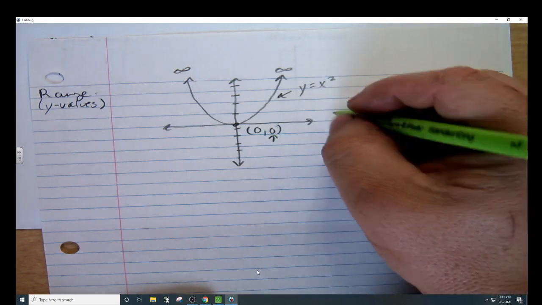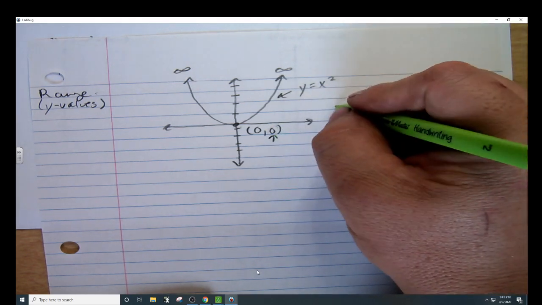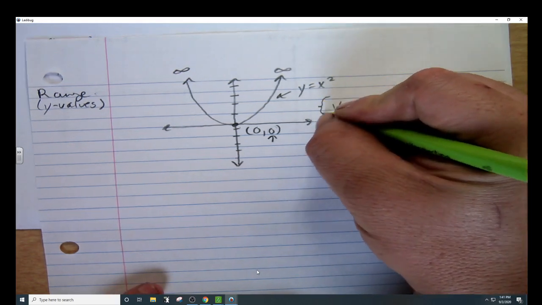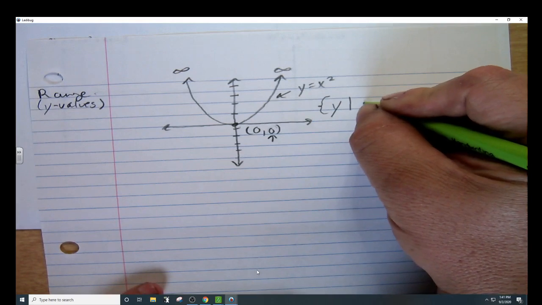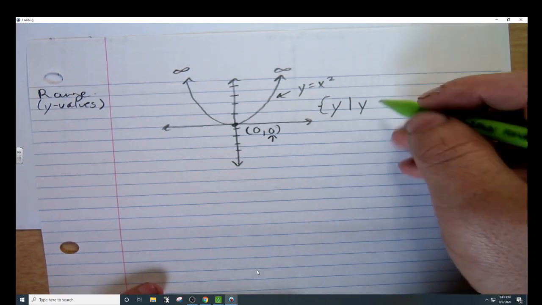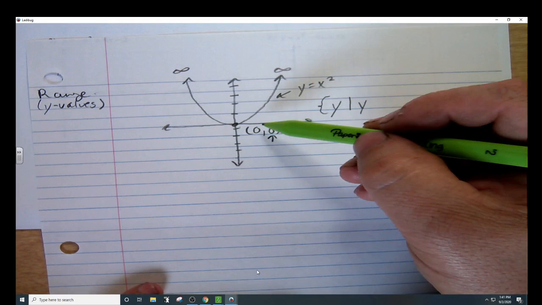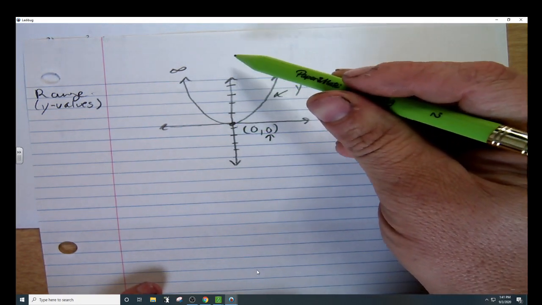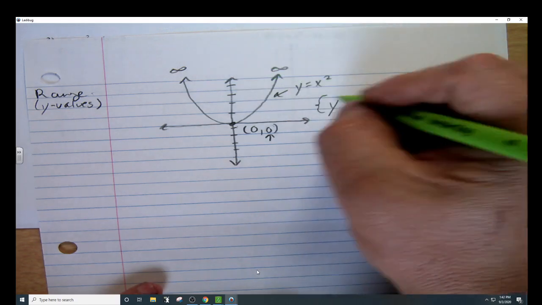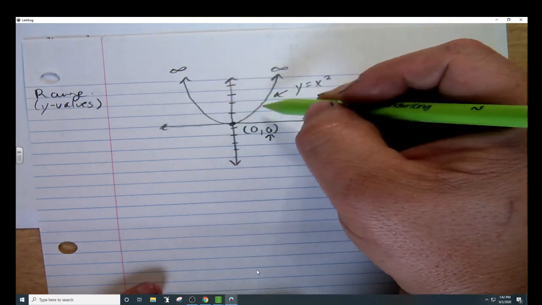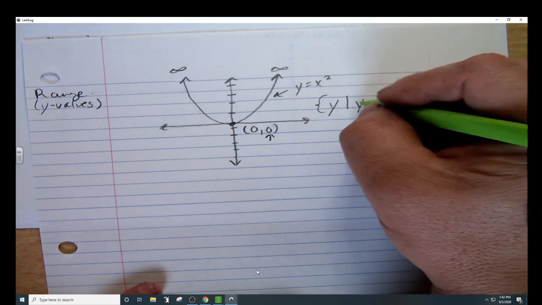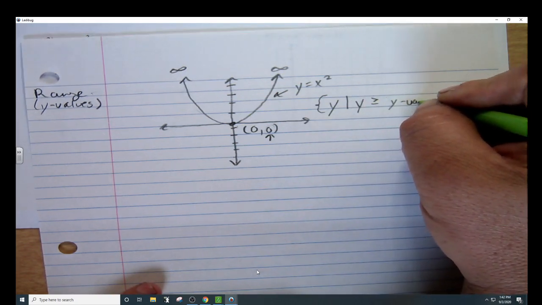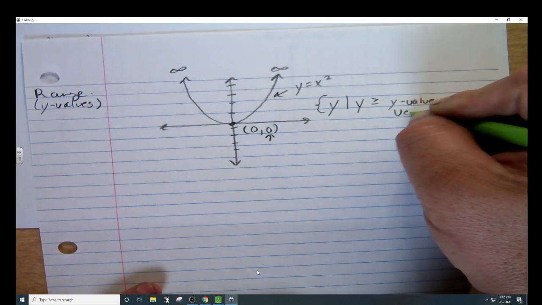So now, the range can be written like this, which is called set builder notation: y values when y values. Now, guys, think about it. As I go up on the y-axis, the y values get larger. So if a parabola opens up like this one does, it's going to be y values greater than or equal to the y value of the vertex.